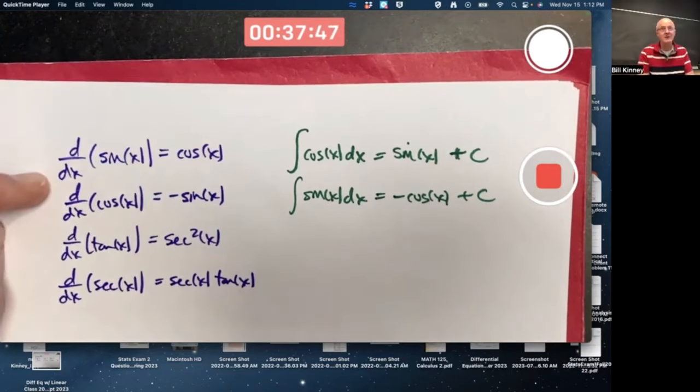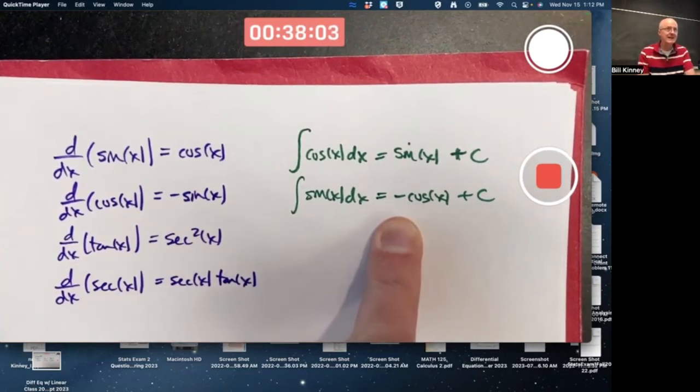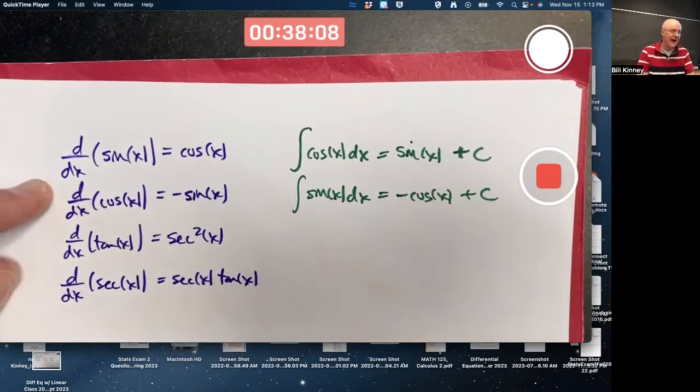Therefore, the integral of cosine is sine plus c. Derivative of cosine is negative sine. So the integral of sine has got to be negative cosine, because if you differentiate this, the negative sign stays there initially, but then you get an extra negative sign from this fact, and then the two negative signs cancel to give you a positive sign, which is what you see there.